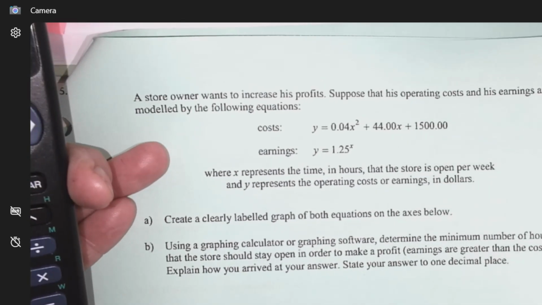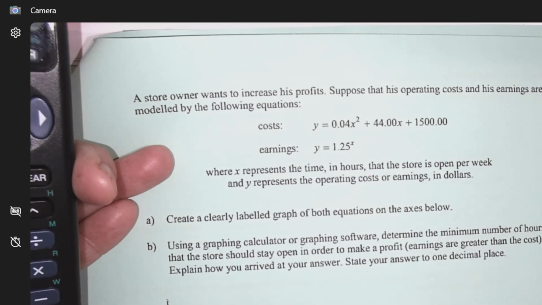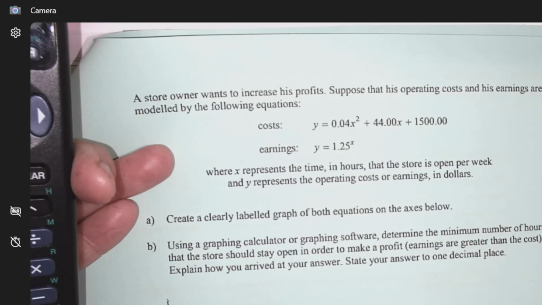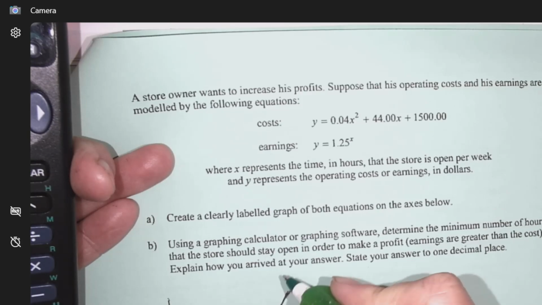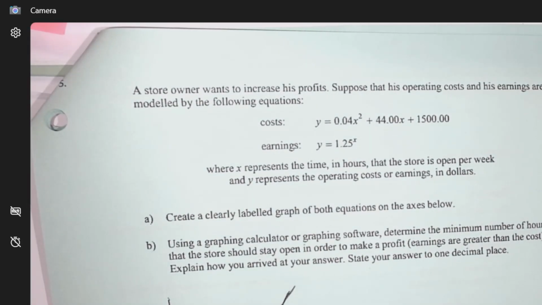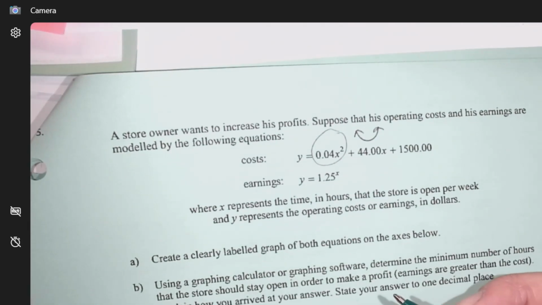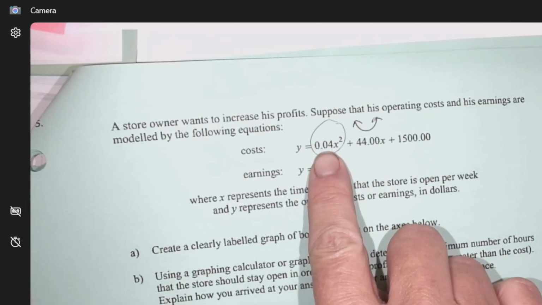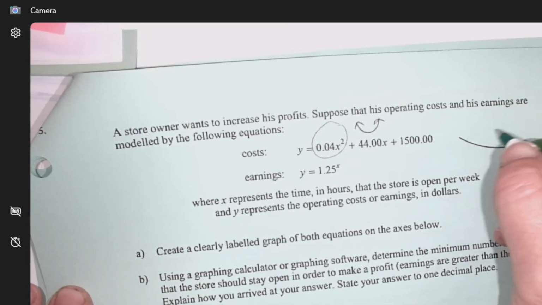Okay, graph it. Clearly label your graph. So, this is a x squared. Like it is a parabola. It's just that because this number is so low, your parabola is really flat.